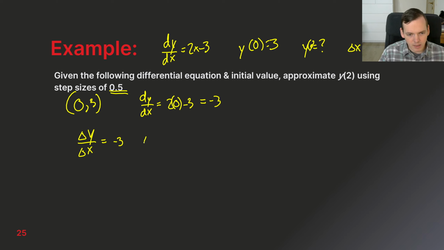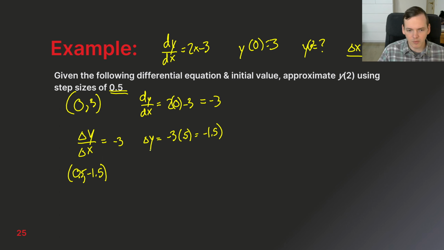Well, then I can say that my change in y will be -3 times 0.5, which is -1.5. So this gives me a new point of 0.5, because I have to change my x and my y value, because if I step to the side by x of 0.5, now I step for y of -1.5.